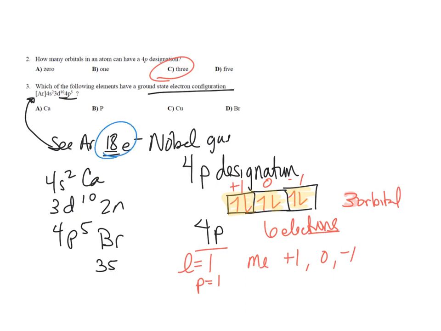So if you have 18 plus 2 plus 10 plus 5, I'm going to go ahead and get my calculator out just to demonstrate. So 18 plus 2 plus 10 plus 5 is 35 electrons. And 35 electrons is also element 35, which is Br, bromine.